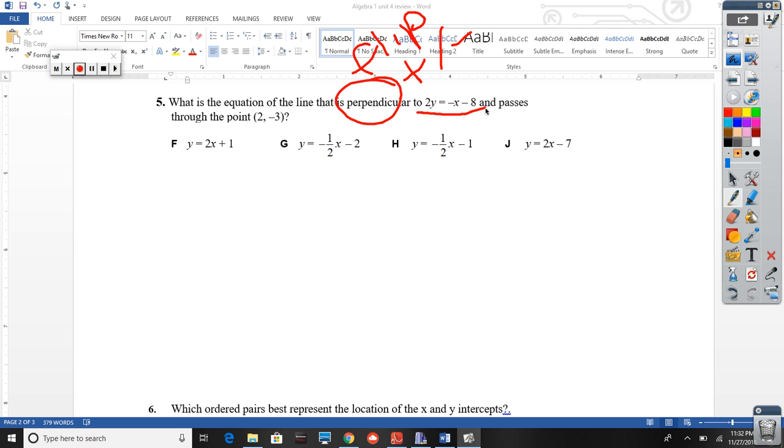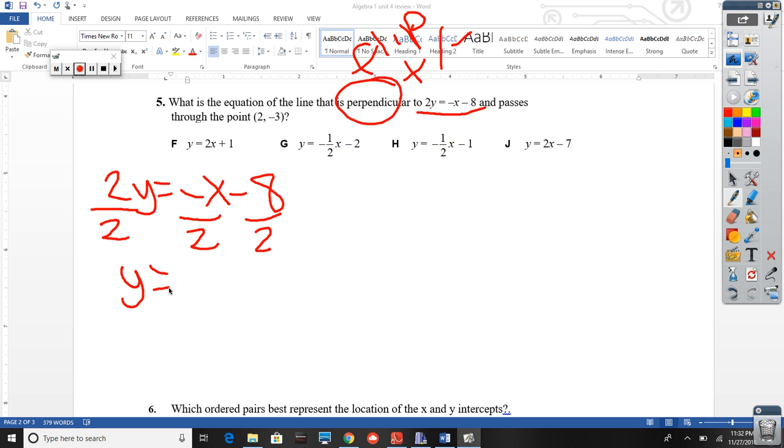It's not by itself right now, so I need to find it. Therefore, I'm going to write it over here, and I need to leave the y by itself. First thing I'm going to do, well, the only thing I need to do is divide by 2 because that's the only number that is there on the way. That's negative 1 over 2 x minus 4.